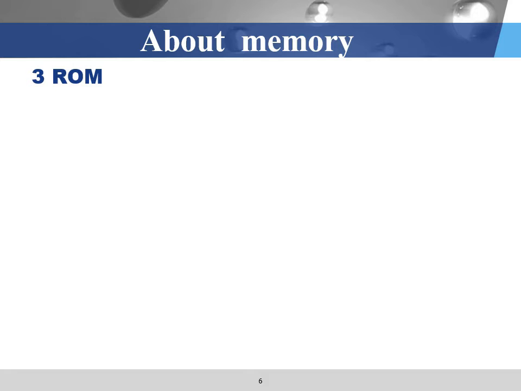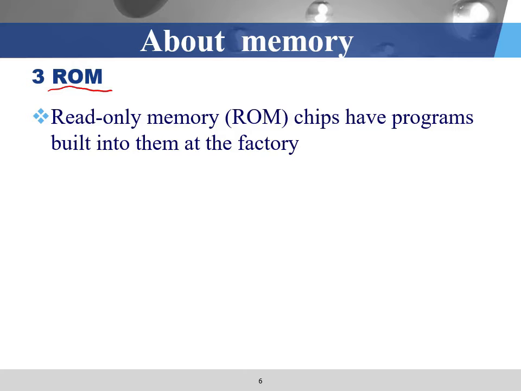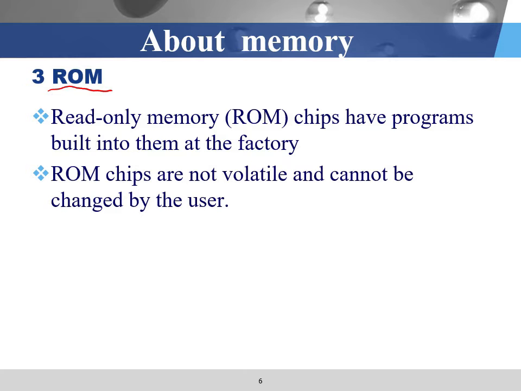The second type of memory is called ROM, read-only memory. It's also a circuit, and the difference between the RAM and the ROM is that the content in the ROM is not volatile, meaning that even if you turn off your computer, the content in the ROM is still there. And it is read-only, meaning that the user cannot modify the content in the ROM.